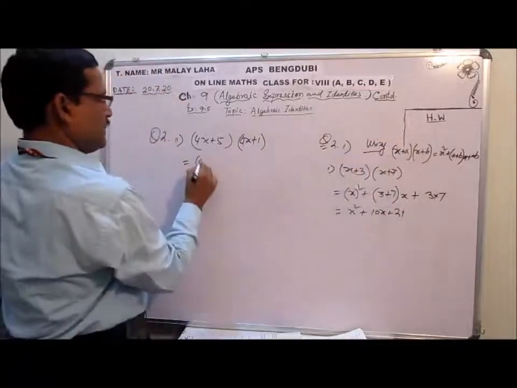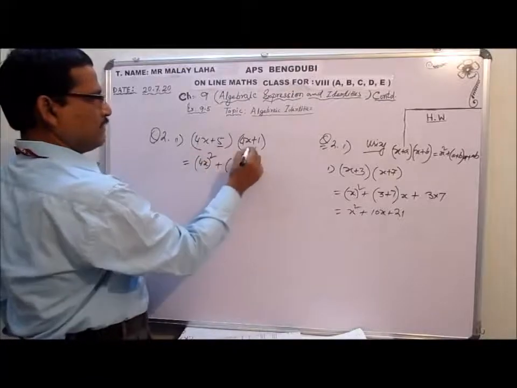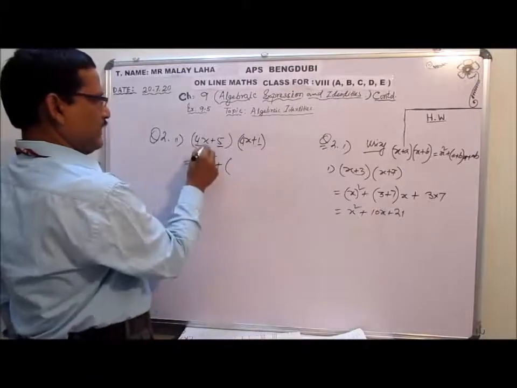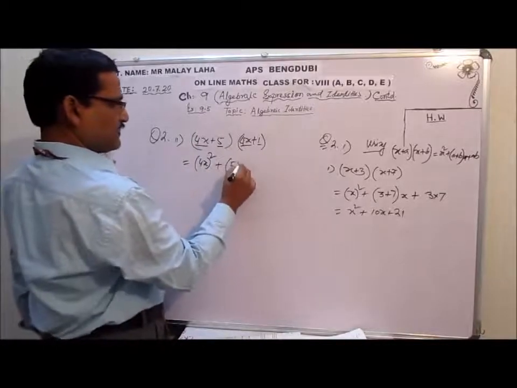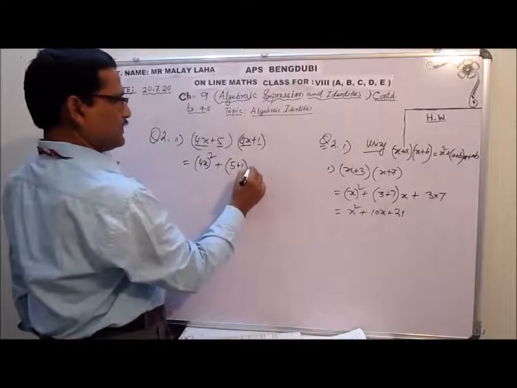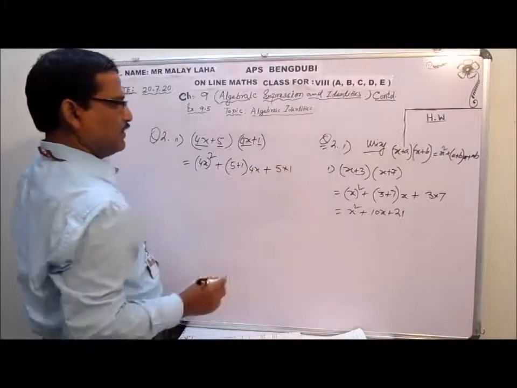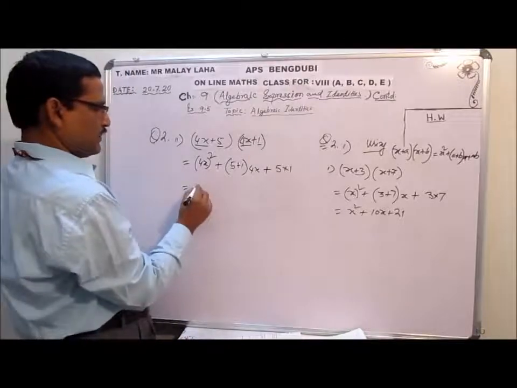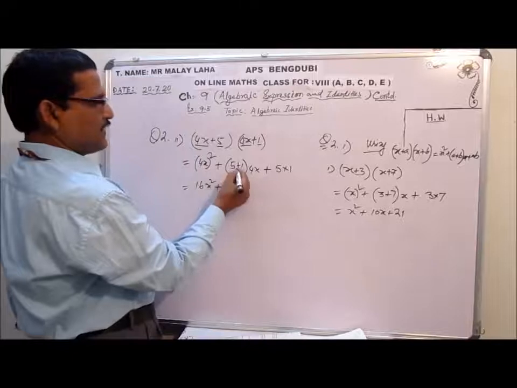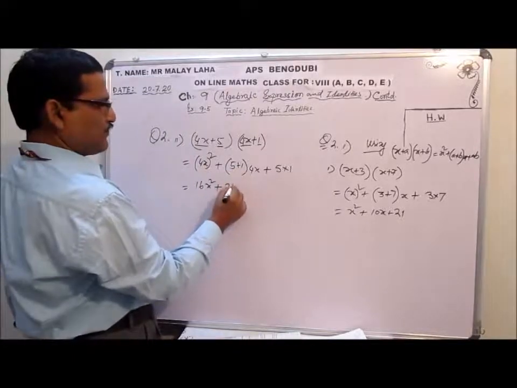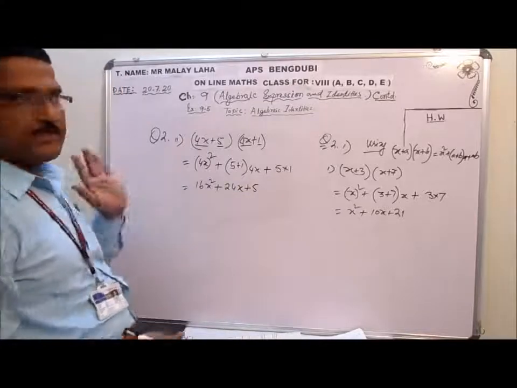So (4x) whole square plus, a is 5, b is 1, (5 + 1) into 4x plus 5 into 1. What is the square of 4x? 16x square plus, if I add it, 6 into 4 is 24x plus 5. Within 3 steps I have done it.